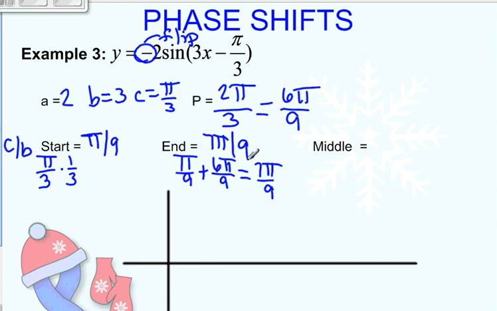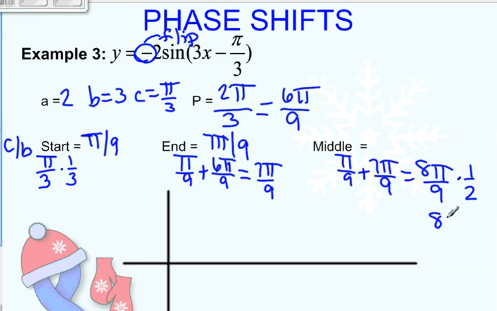Okay, to get the middle, we're going to add them together and divide by 2. So pi over 9 plus 7 pi over 9 gives us 8 pi over 9. And then we're dividing that whole thing by 2, or multiplying by 1/2. So that's going to give us 8 pi over 18, which we can simplify, because they can both be divided by 2, to 4 pi over 9.